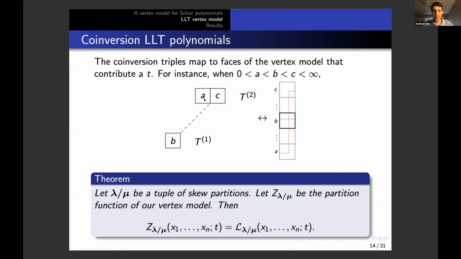So this A means that red is going to enter the column in row A and exit the column in row C. And this B in an earlier shape means that blue is going to exit that column in row B. And so if B is between A and C, then that means there will be some vertex in that column where blue is exiting to the right and red appears. So that's exactly what will give me a power of t when I compute the weight of the configuration. And so what that means is that the partition function for this vertex model is exactly the LLT polynomial.